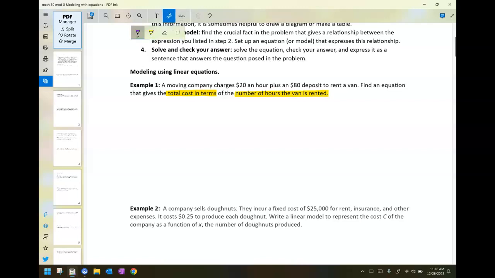So first we will start with identifying our variable. Let x be the number of hours. Since here we want to find an equation that gives the total cost in terms of the number of hours, this means the function C of x is the total cost.